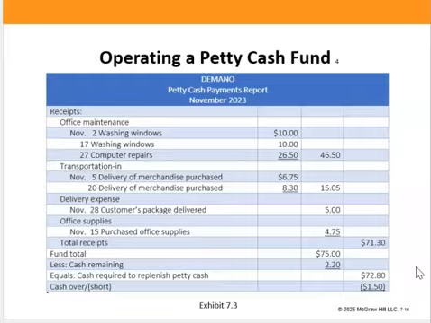So the cash required to replenish the petty cash to the original $75 is $72.80. But we only have receipts of $71.30, so we are actually short $1.50. Something happened when we were receiving change or giving change.